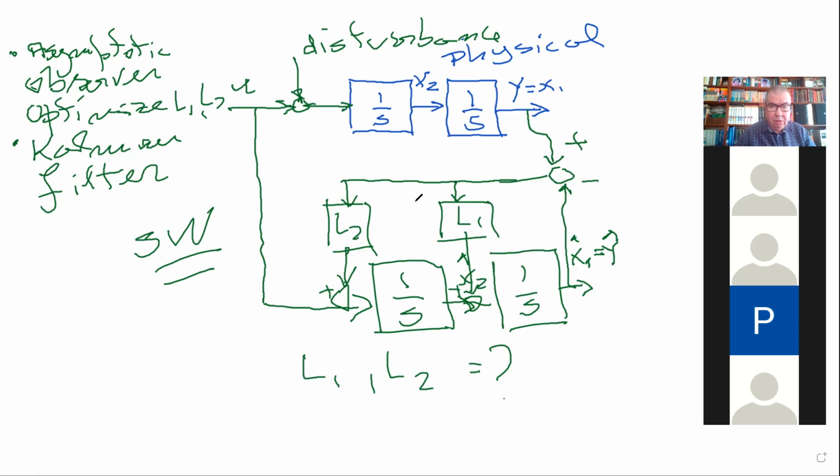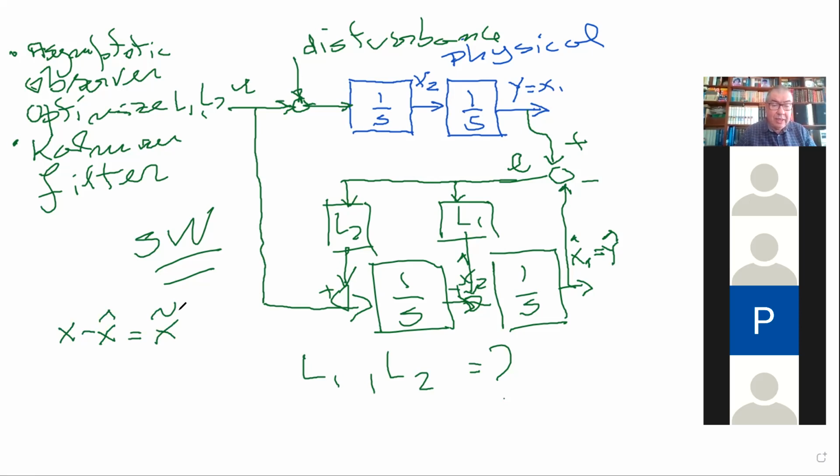Again, we will be able to write some equation for this error, this estimation error E. Actually, we're not going to use this E, but we are going to use the difference between the true state and the estimate state. Okay, let's call it X tilde. So the difference between the true state and the estimate state, and this will verify an equation.